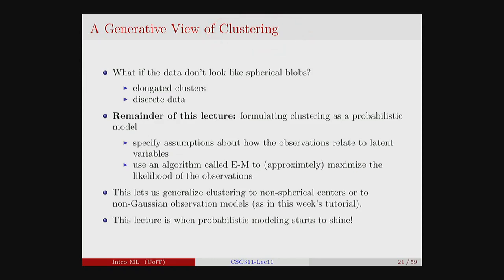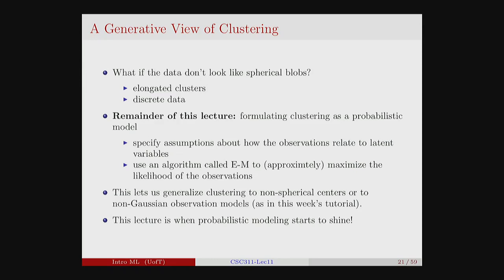So the remainder of this lecture is going to formulate clustering as a probabilistic model. Remember, we've talked about a few kinds of probabilistic models before in this class. The first one we introduced was naive Bayes, which was a generative classifier. The next one we introduced was Gaussian discriminant analysis, and we studied how various choices within that probabilistic model could help us solve different kinds of problems.